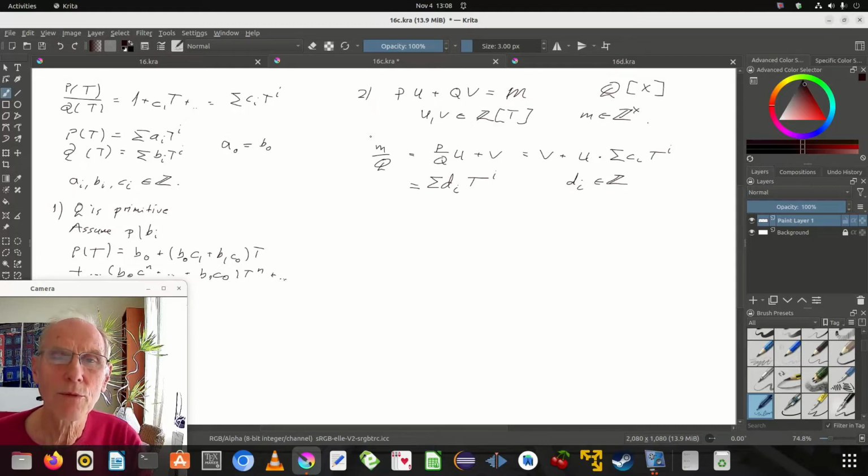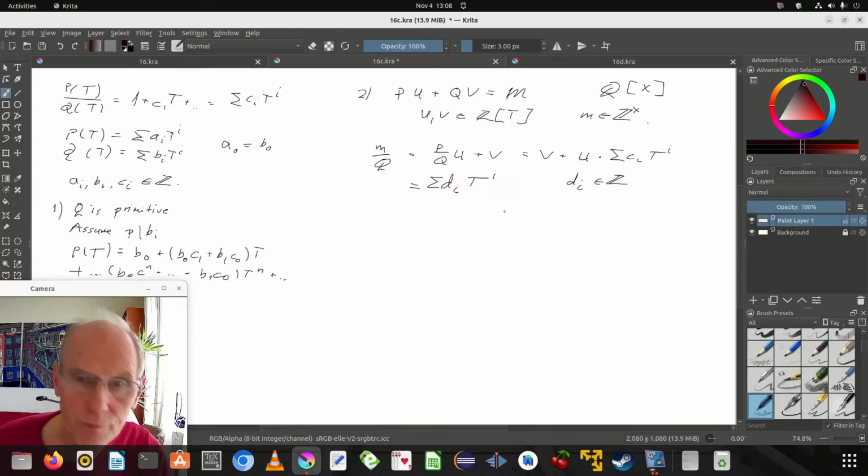This is not quite a reduction to 1 divided by q, which was the special example I would be working on, which I could not solve.